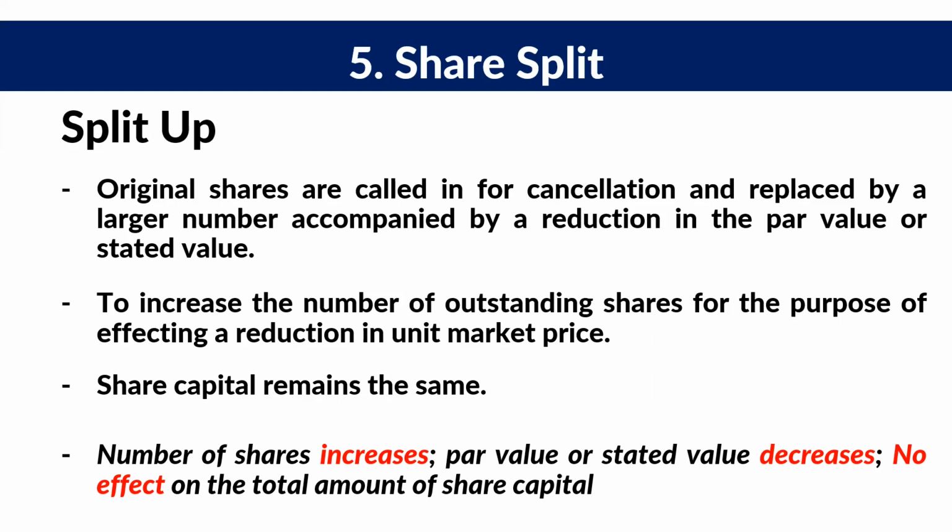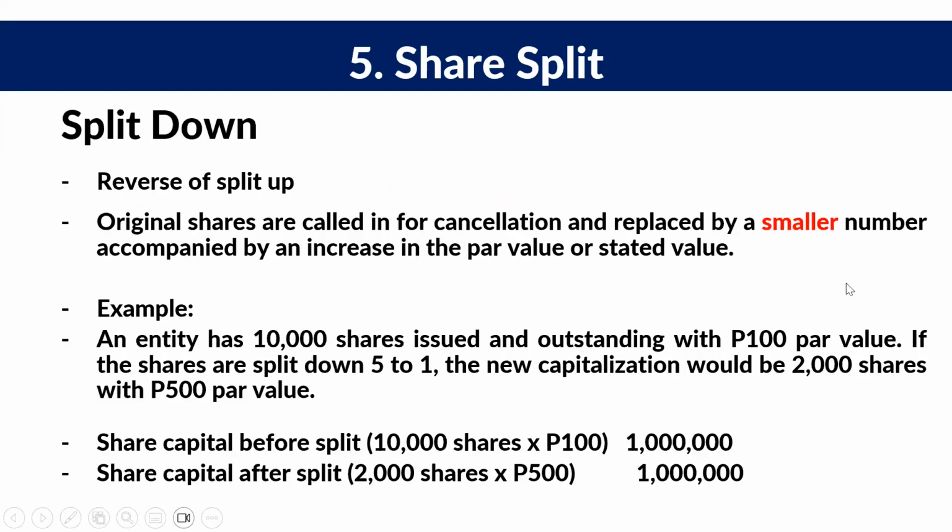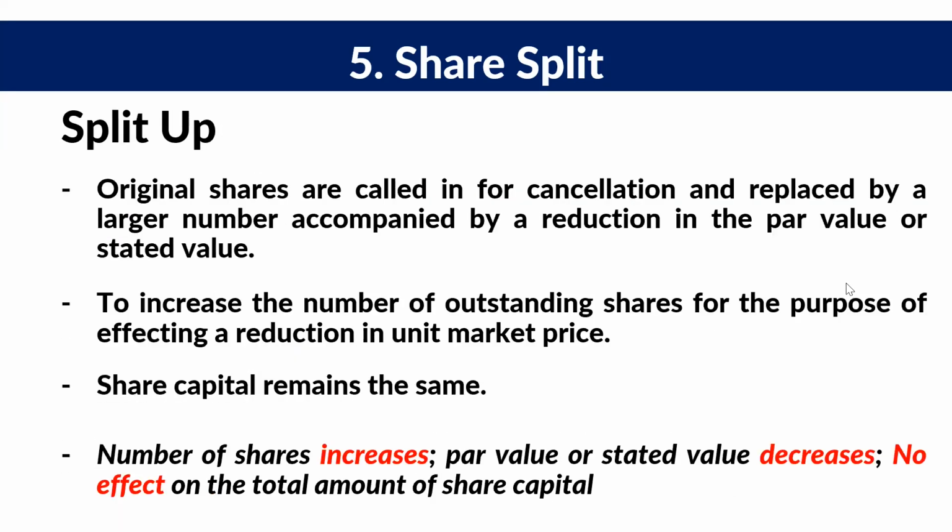In terms of total, the share capital remains the same. However, the number of shares increases while par value or stated value decreases, with no effect on the total amount of the share capital. So that is split up.